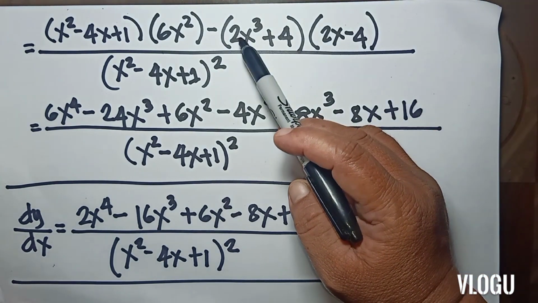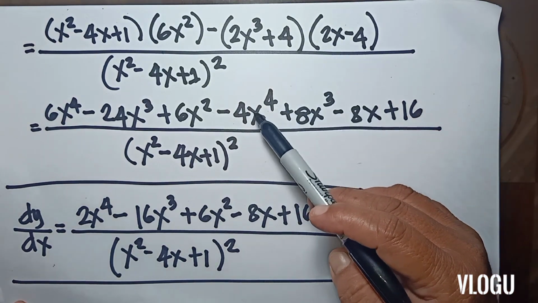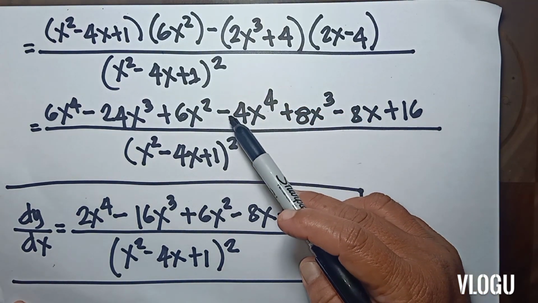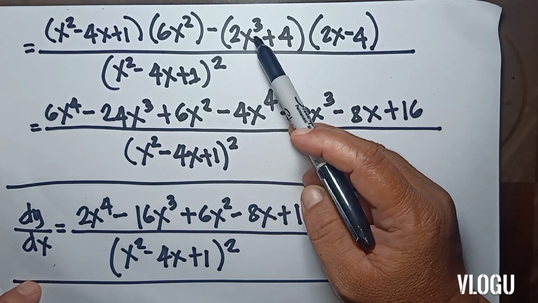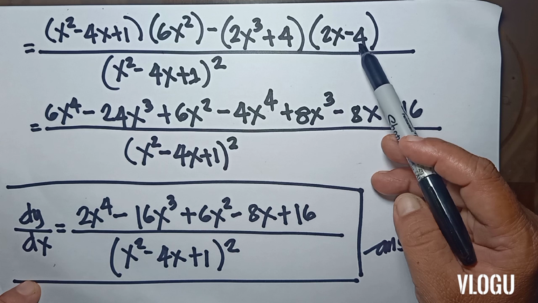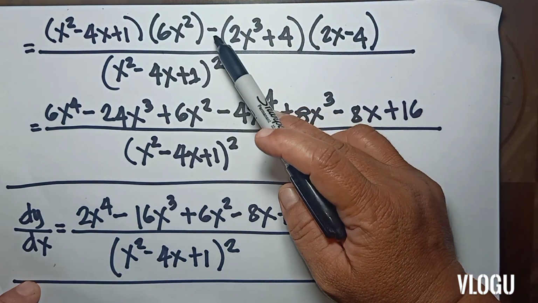So we have 2x cubed times 2x, so you will have 4x to the fourth times negative 1. So that's why we have negative 4x to the fourth. Then we have 2x cubed times negative 4, so we have negative 8x cubed times negative 1.